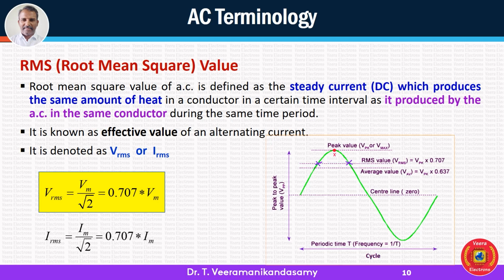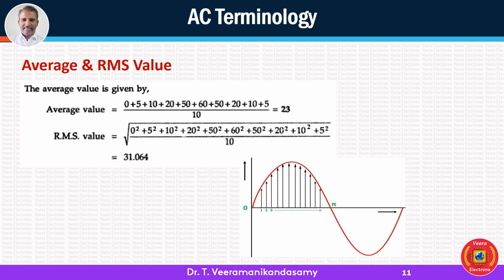The RMS or root mean square value is often called the effective value of an alternating current. It is defined as the steady direct current that would produce the same amount of heat in a conductor over a certain time interval as the alternating current would during the same time period. This is the most practical measure of AC power.